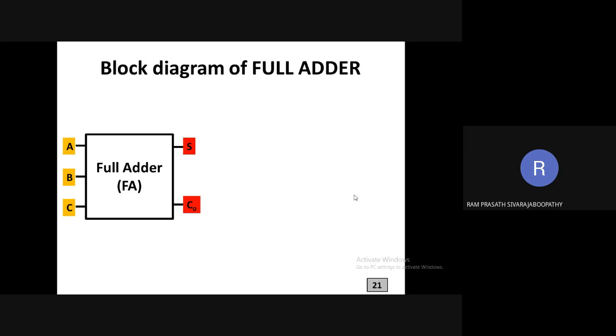Fine. Now the full adder has inputs A, B, C, and outputs sum and carry out. For a change, I am going to change the structure of this full adder to design or easily implement a 4-bit binary adder. Next we are going to see the 4-bit binary adder.